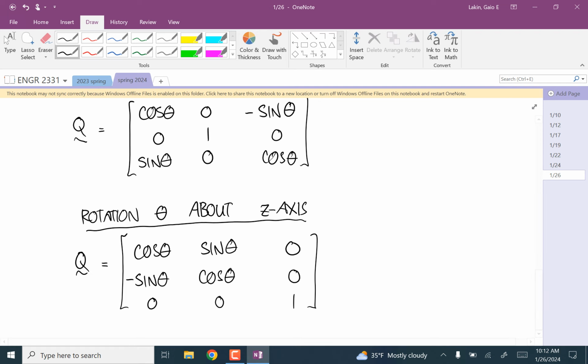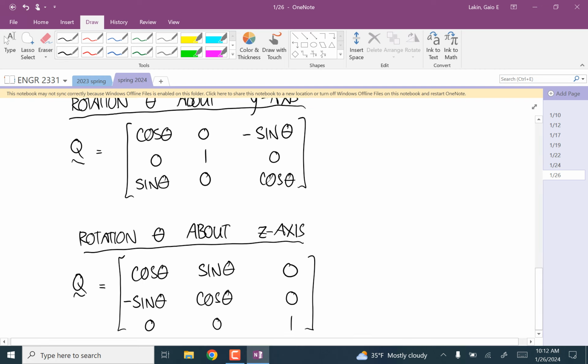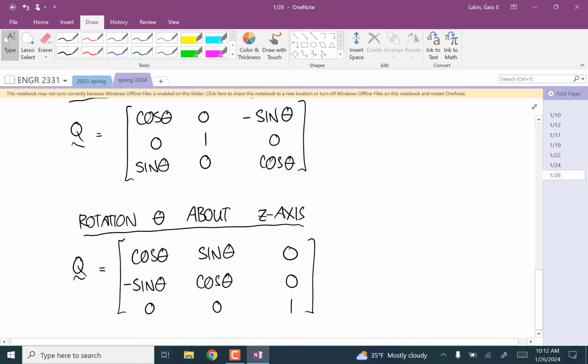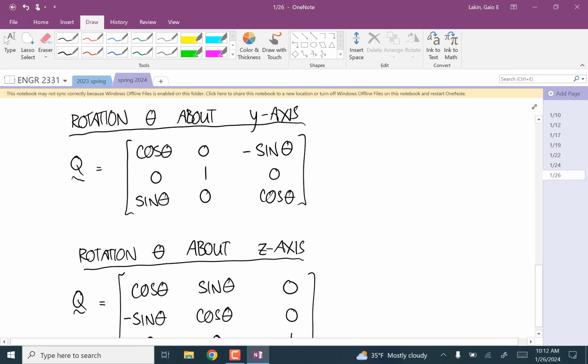For the x one, going from x to y, it's like you shift down one row. Yeah, I'm not going to think about it that way, if that's okay.